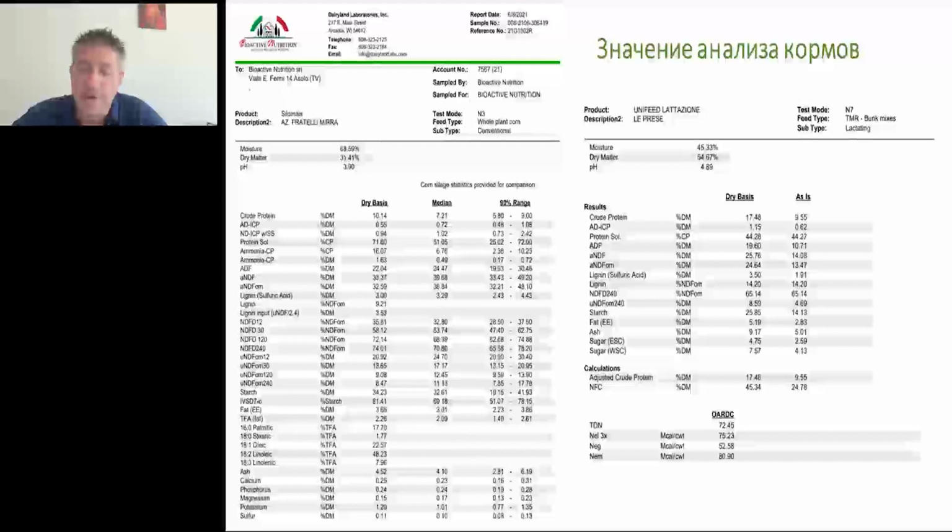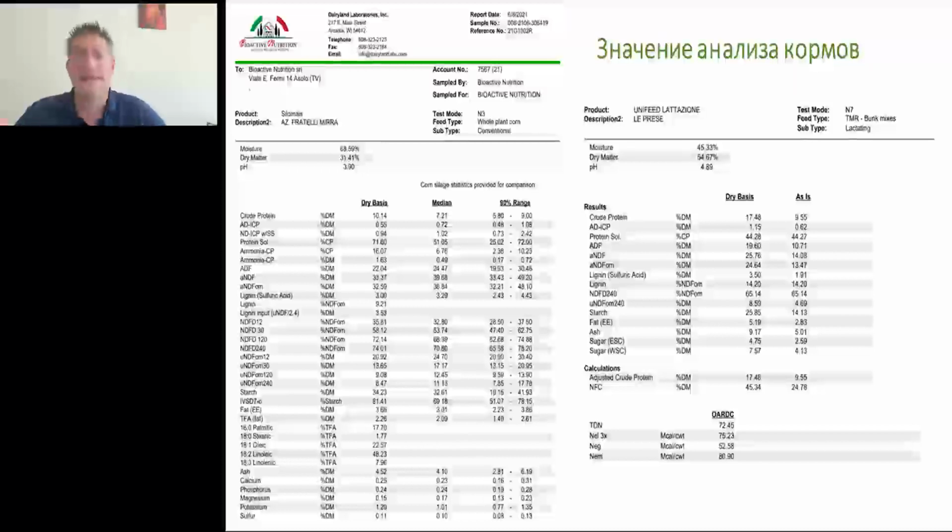In fact, we have NDF digestibility at 240 hours, which means 10 days. In this case, on the left side, we have a corn silage where after 10 days we still have 8.5% of undegraded NDF.